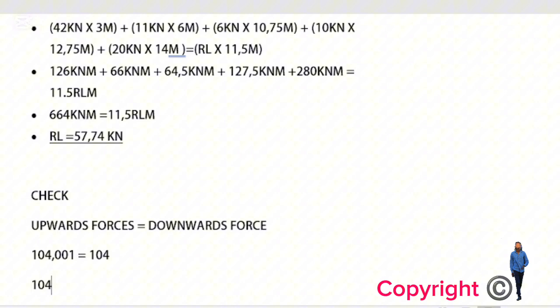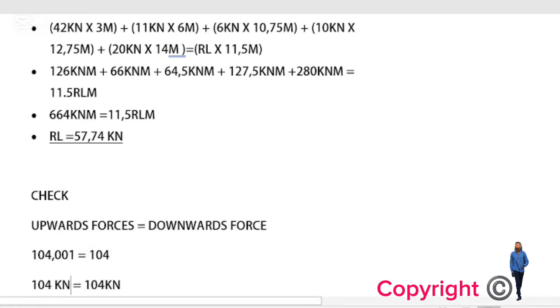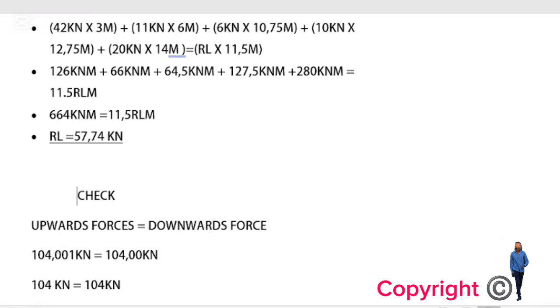Rounded to the nearest 10, it equals 104 kilonewton. It means on our side everything is correct.